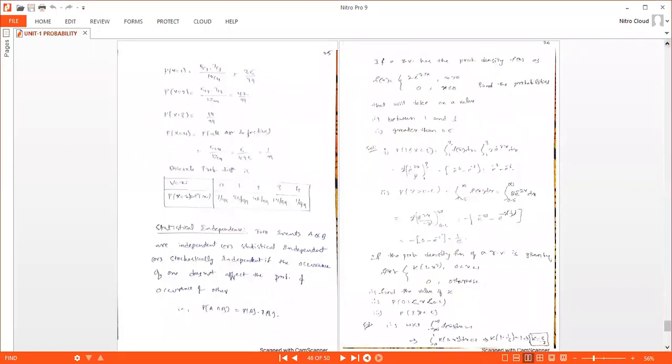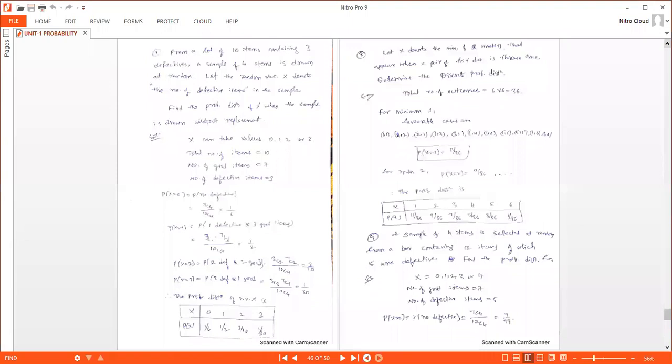Next one, probability of x equal to 2. Probability of x equal to 2 means probability of 2 defective items and 2 good items.